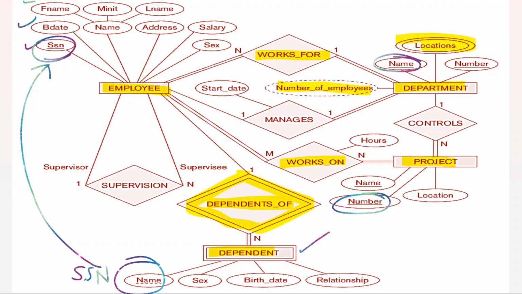Same way, this is a multi-valued attribute, because a department's location can be in multiple cities, for example Delhi, Bangalore, etc. Same way, here we can also say that this is the derived attribute and the location is a multi-valued attribute, and this name is a composite attribute, because name comprises first name, middle name, and last name. So all these notations we have covered in the last lecture.